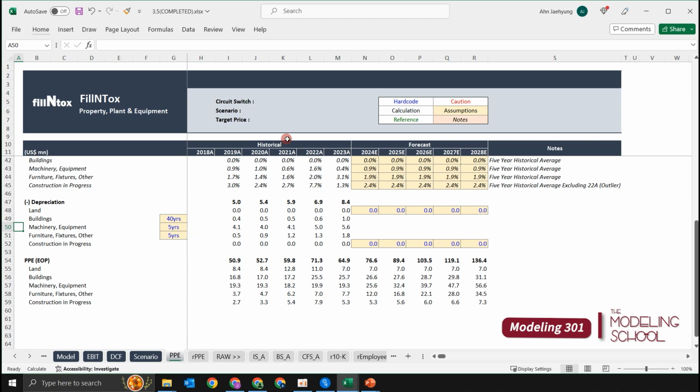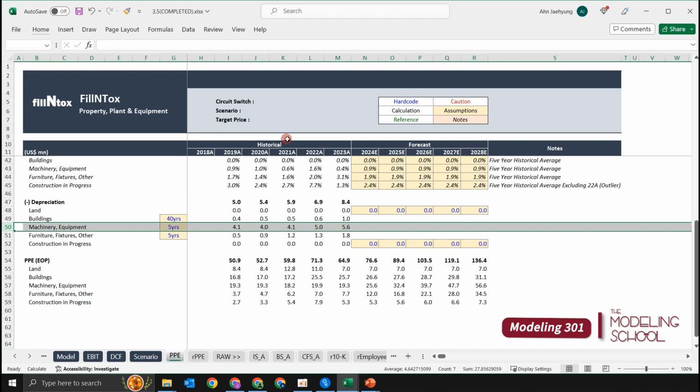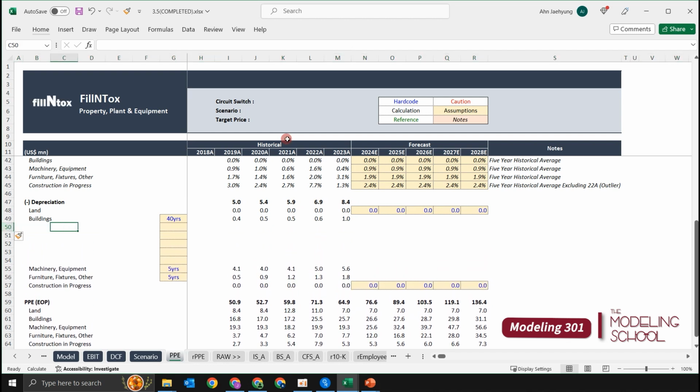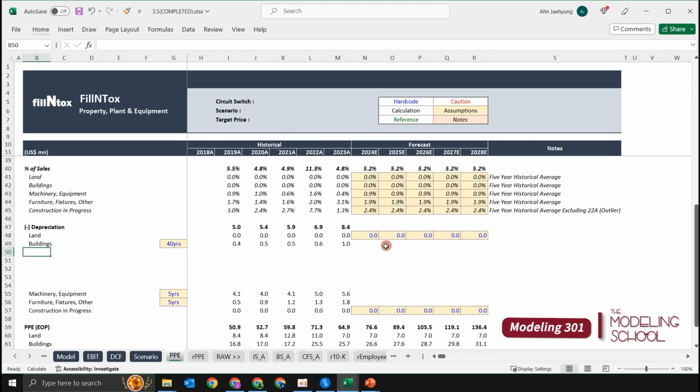And then let's add, Control R, I've added five additional rows, and we're going to split depreciation into 5 components.